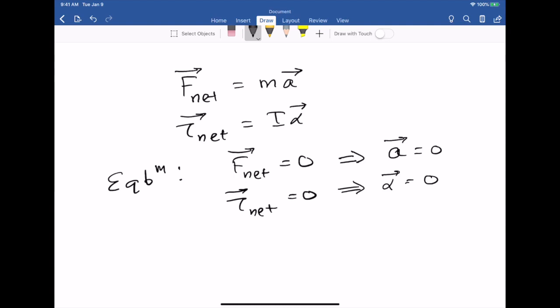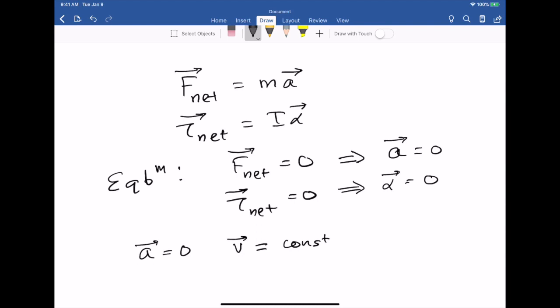Now, acceleration equals 0, does that mean that the object is at rest? The answer is no. It could be at rest, but what it really means is that the velocity of the object is constant. This is all stuff that we've talked about long ago.